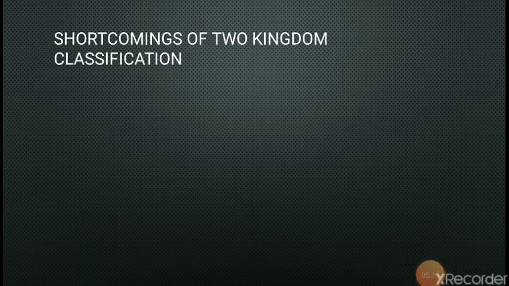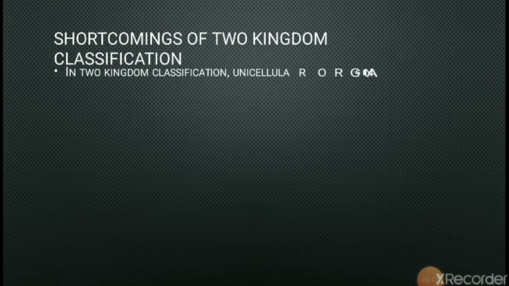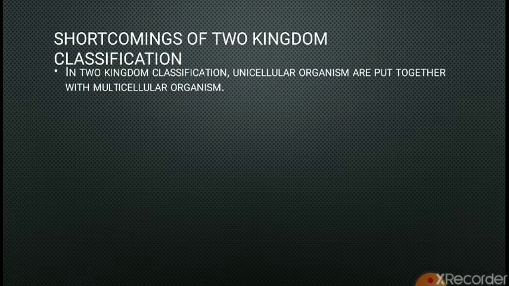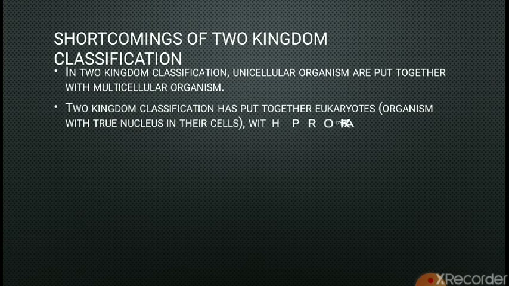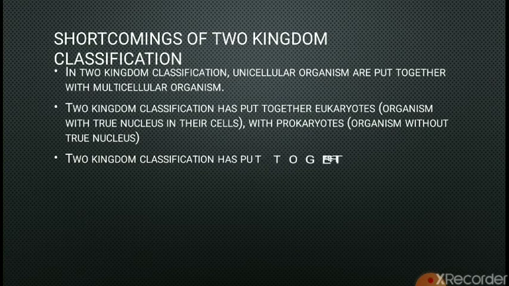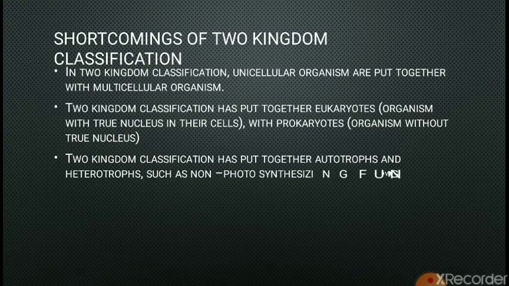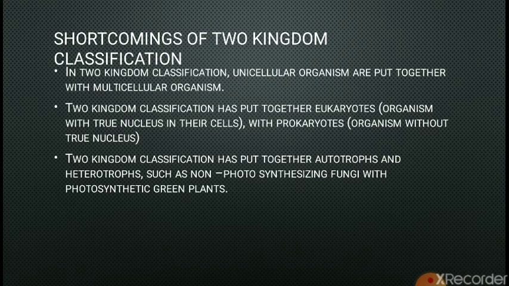There are certain shortcomings of two kingdom classification. These are: unicellular organisms are put together with multicellular organisms. Eukaryotes are put together with prokaryotes. Autotrophs and heterotrophs are also put together, such as non-photosynthesizing fungi with the photosynthesizing green plants.